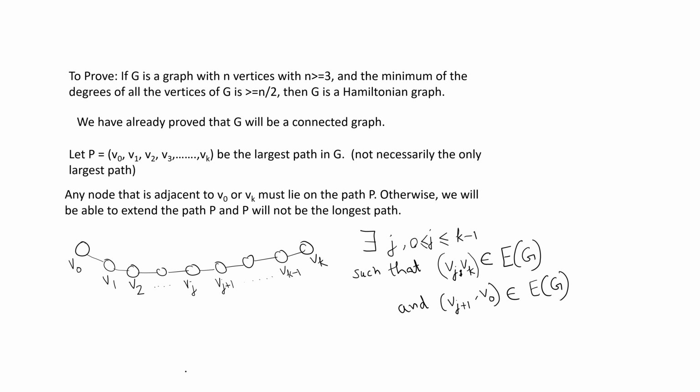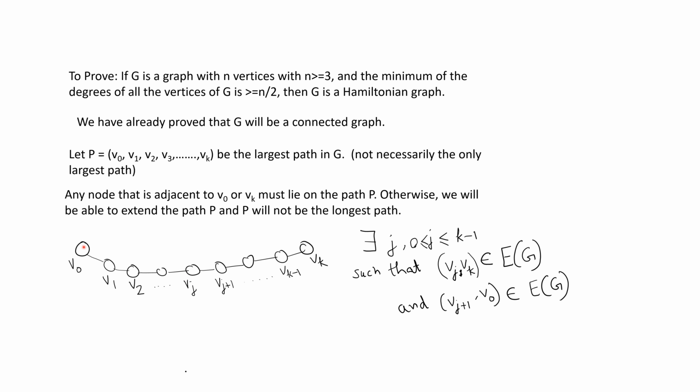So let's see what happens if there exists a j such that j is greater than or equal to 0 and less than or equal to k minus 1. So let's say between V0 and Vk there is some node called Vj.